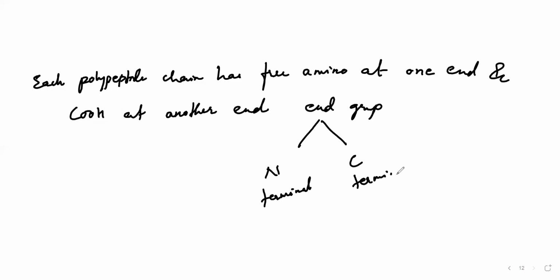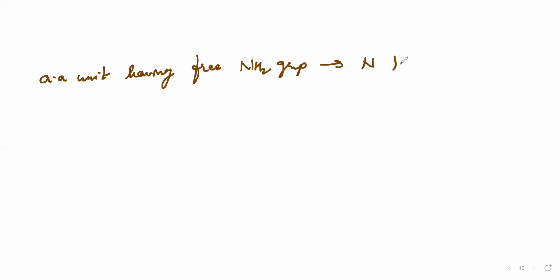Now what are this N and C terminal? I already told you that an amino acid will have amino and carboxyl groups. So obviously there will be two terminals, N and C end groups, right? Whenever an amino acid unit has a free NH2 group, that is the amino group, it will have the N terminal end.